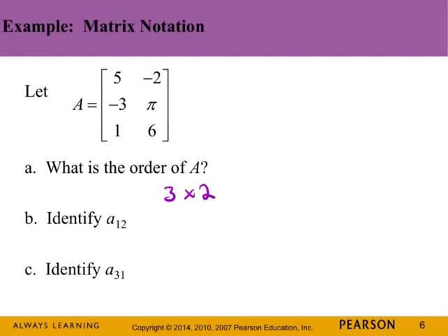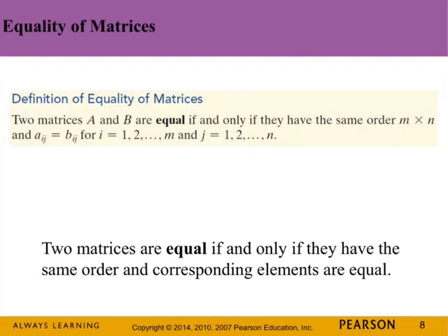The entry in row 1, column 2 is going to be -2, and row 3, column 1 is going to be a 1. So the order is 3 by 2. -2 and 1. Okay. Not too bad.